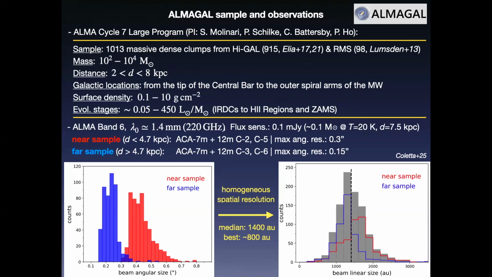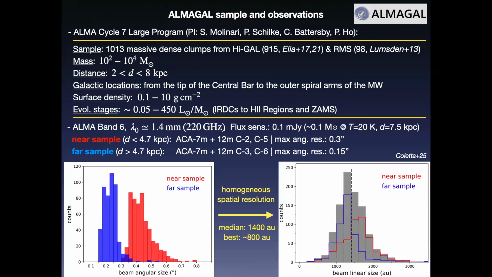And this is reflected in the lower left plot, where we see the distribution of the angular sizes of the beam, so basically the resolution that we have in the 2 samples. This choice of having 2 different setups is justified by combining this information with the distance of the source, because what we obtained is the rightmost plot, where we see the physical resolution, so the physical scales that we are actually able to access, which is what actually interests us.